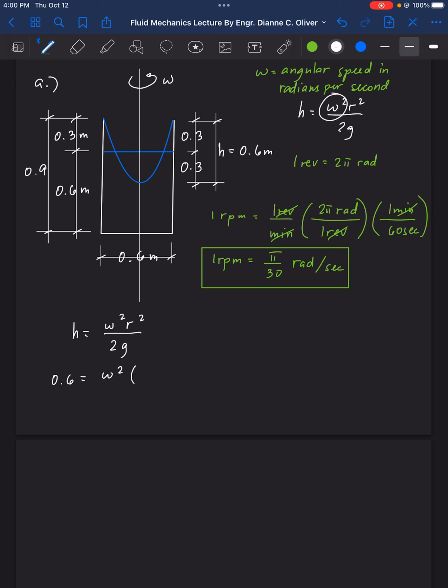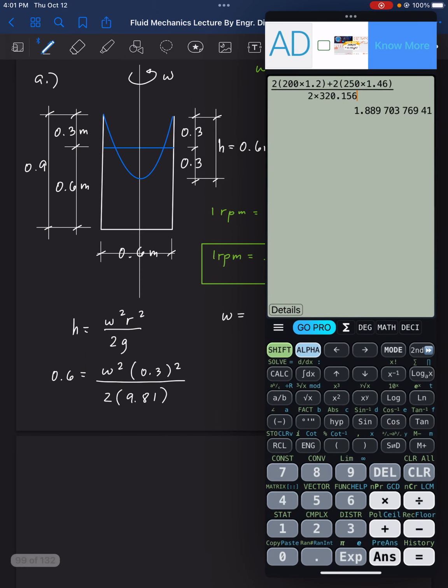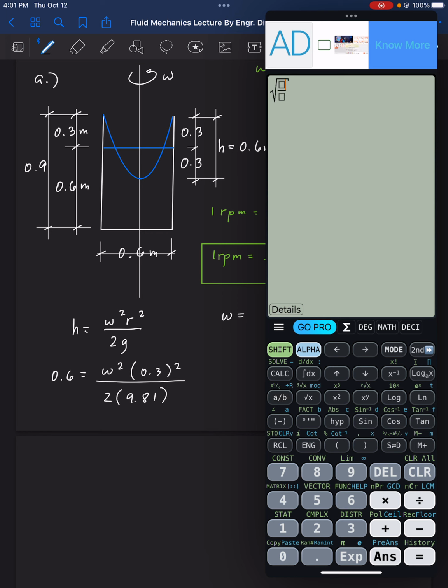The radius is 0.3 squared, over twice the gravitational acceleration. So what is now the value for omega? Omega now is equal to square root of 0.6 times 2 times 9.81 all over 0.3 squared. So omega is 11.44 rad per second.